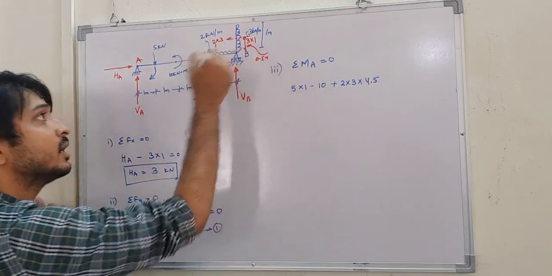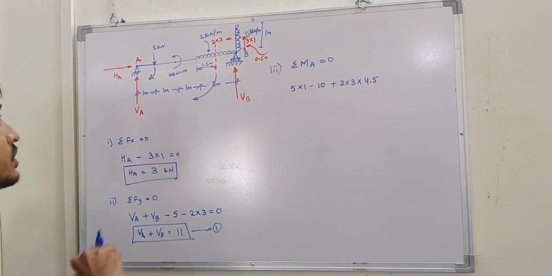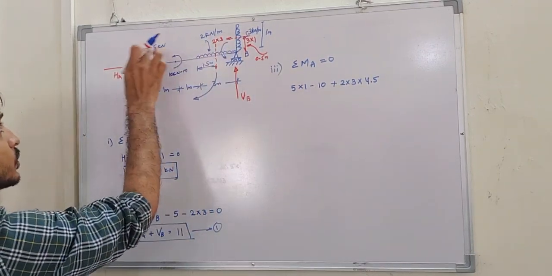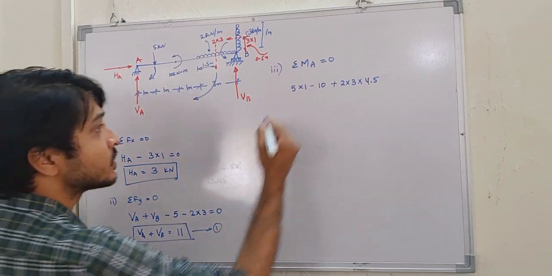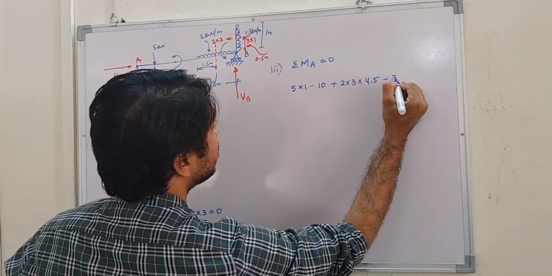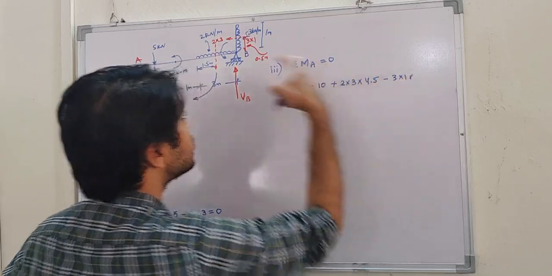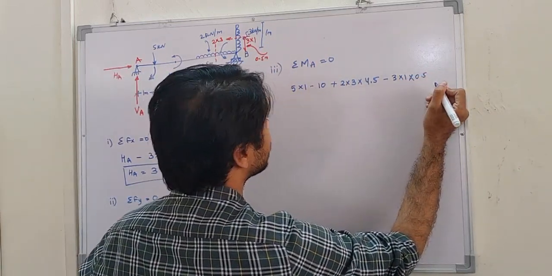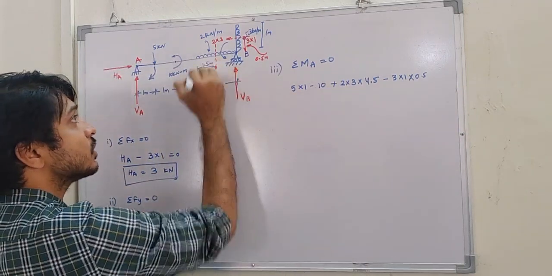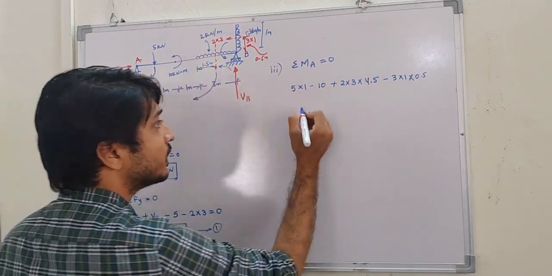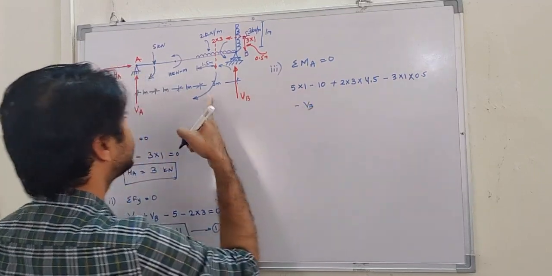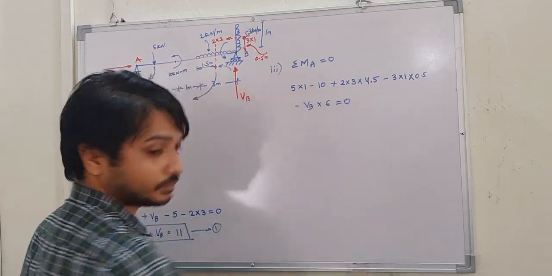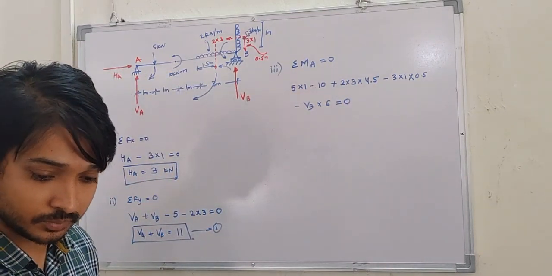So it is also creating a moment, and this is an anti-clockwise moment. So that is minus 3 into 1 into 0.5 meter. And this VB is also creating an anti-clockwise moment: minus VB into 3 plus 3, 6 meter. Minus VB into 6, which is equal to 0.